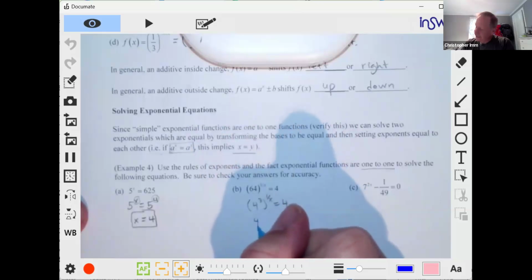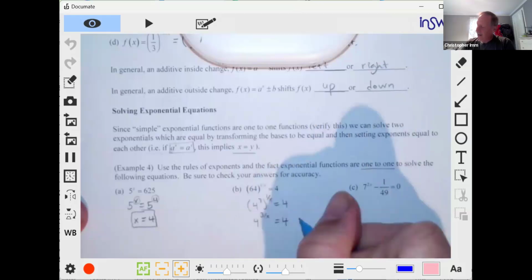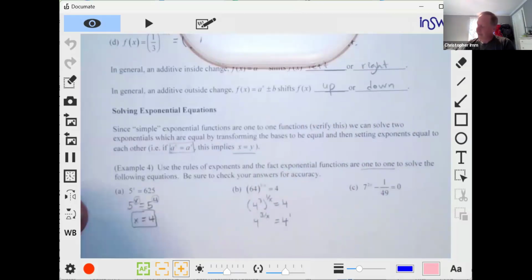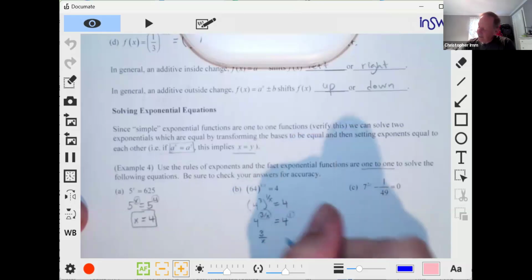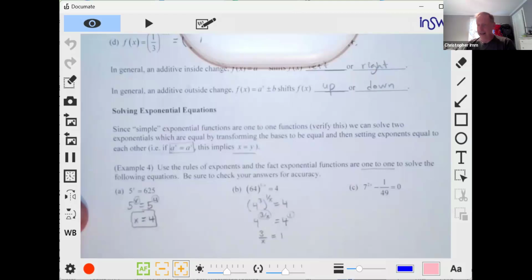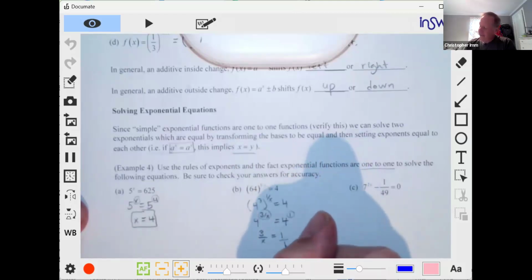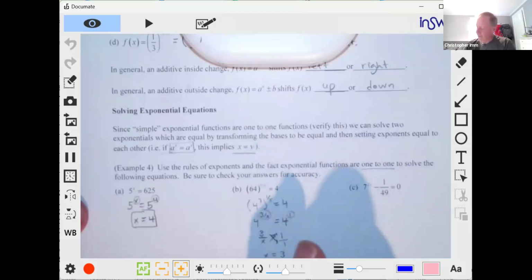So I have 4 to the 3 over x is equal to 4, and that power would be a 1. Since these exponential functions have the same base, I can go ahead and set the powers equal to each other and then solve. So I could think about this as a ratio. So x times 1 is equal to 3 times 1, and x is equal to 3.